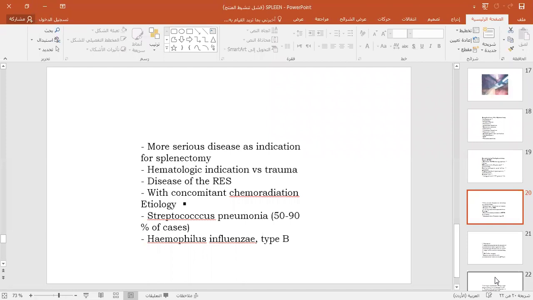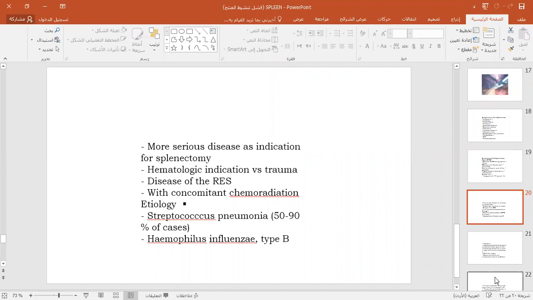Diseases of the reticuloendothelial system are commonly associated with post-splenectomy sepsis. With concomitant chemoradiation, when the patient has a malignancy and receives chemoradiation and splenectomy, it is associated with post-splenectomy sepsis more.